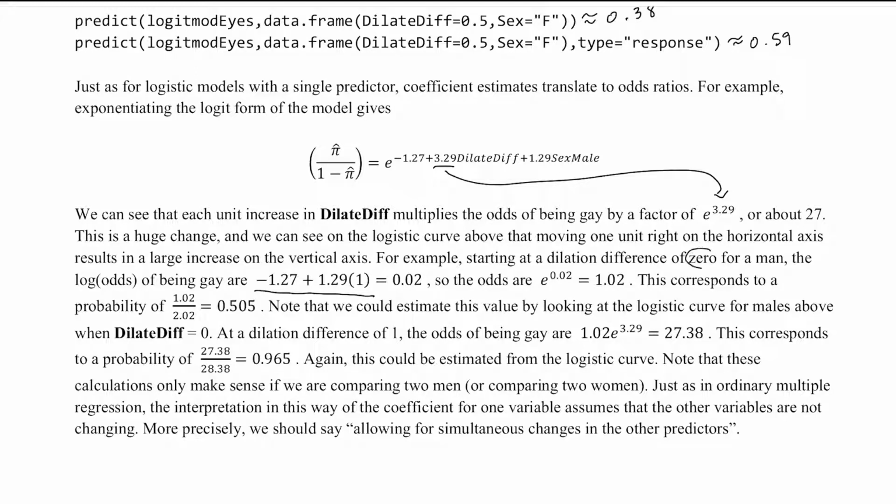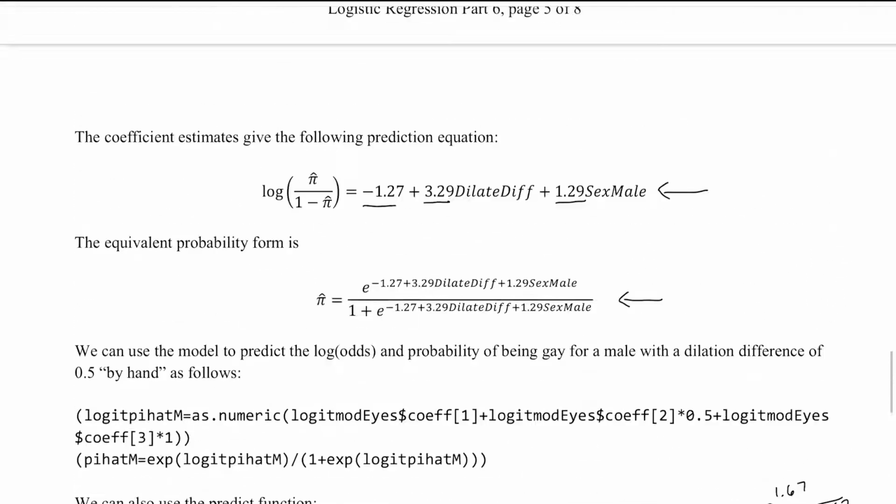And then let's see, if we put in a 1 for sex male and a 0 for dilate difference, that's negative 1.27 plus 1.29 times 1 for being male, and we get 0.02. And that's again a dilate difference value of 0, so the 3.29 times dilate difference is gone.